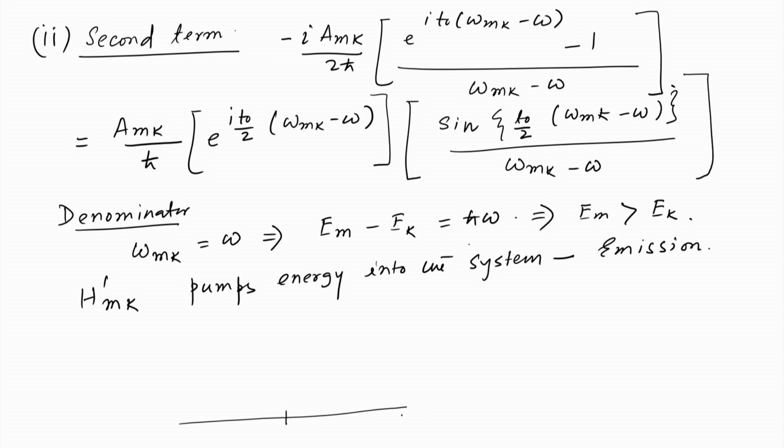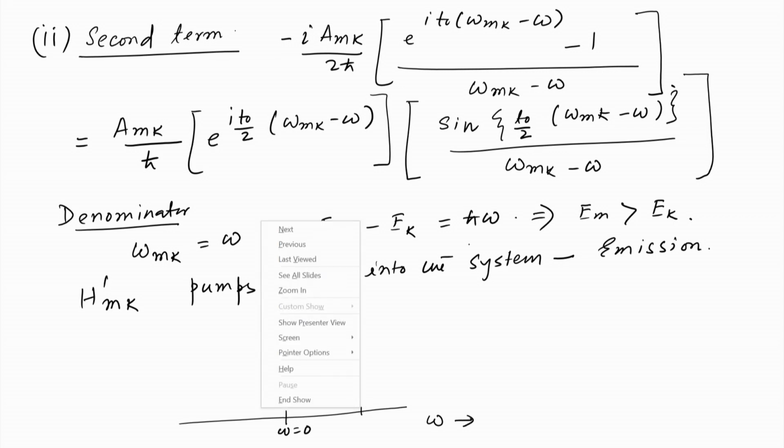So, this is your omega axis and this is omega equal to 0. Now, I have a plus omega here and a minus omega here.